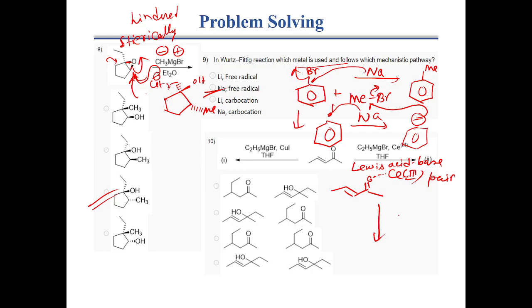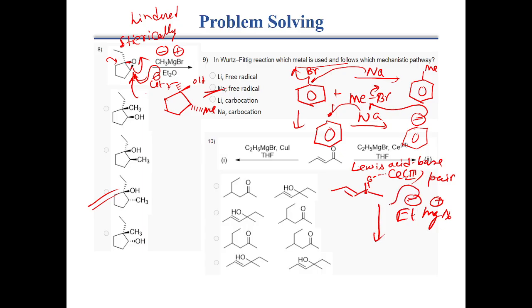Now in presence of ethyl magnesium bromide, ethyl minus magnesium bromide plus, this oxygen is attached to the cerium 3 plus, so the electrophilicity of the carbonyl group is enhanced due to this Lewis acid base pair. It is now highly electrophilic in nature due to the Lewis acidic coordination.